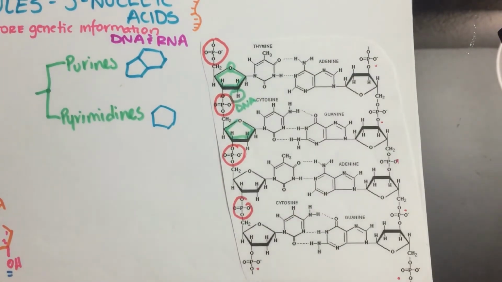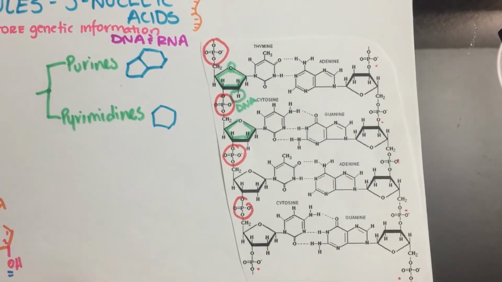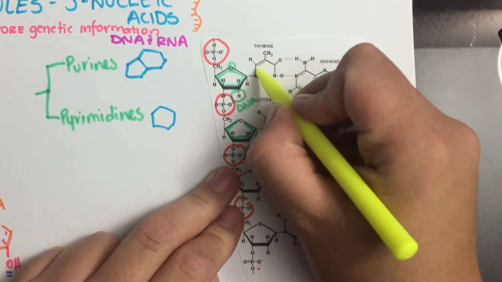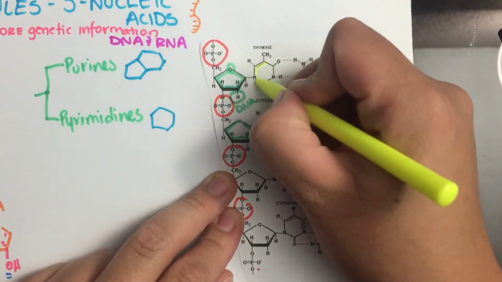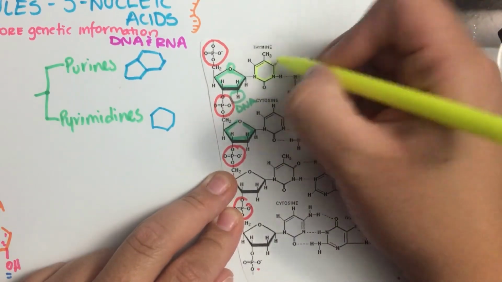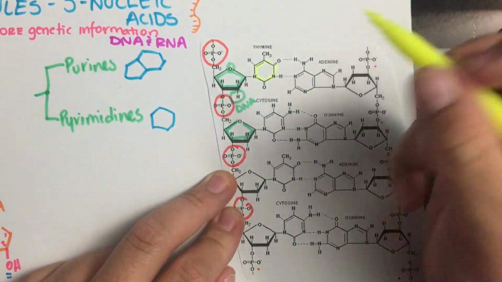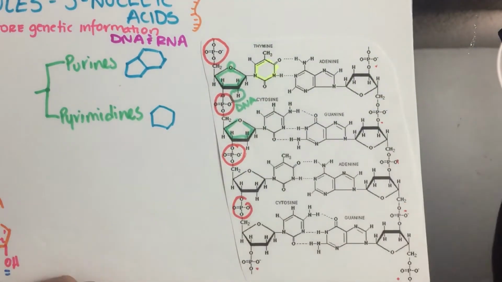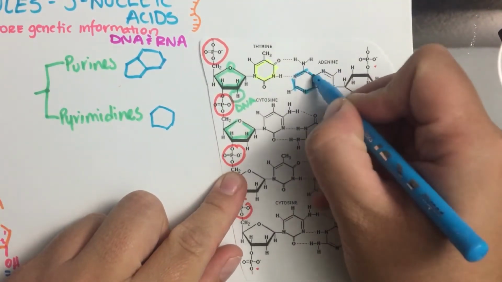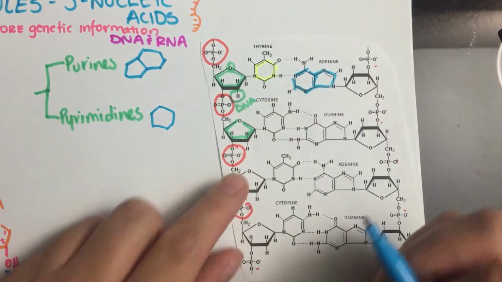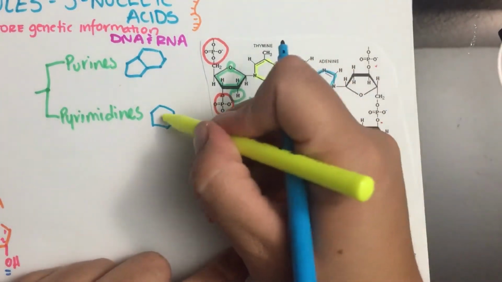Finally, we have to identify our nitrogenous base. If we see one ring, that means we're talking about a pyrimidine. So this is a pyrimidine. If you're asked to identify 2 rings, that means we have a purine. Alrighty, so this is a pyrimidine.